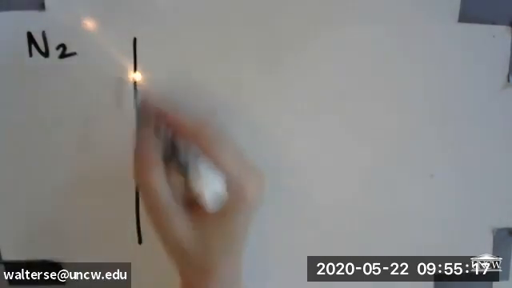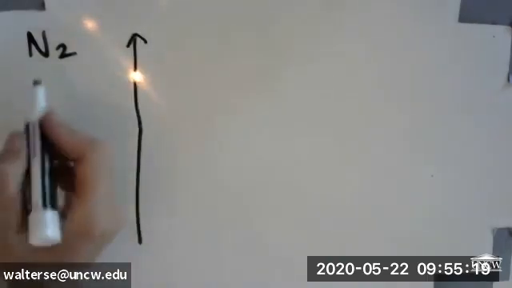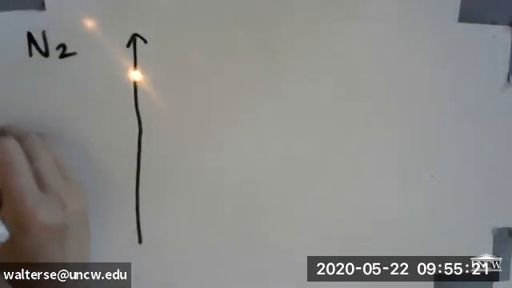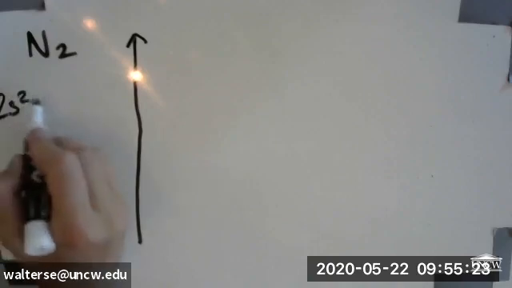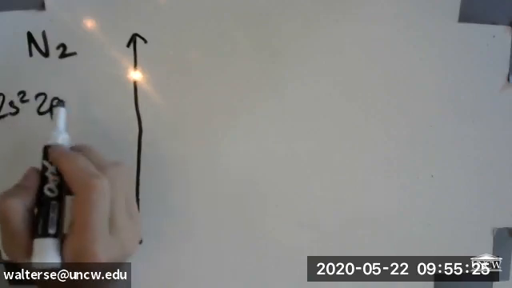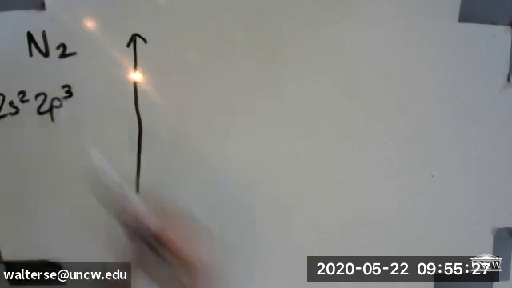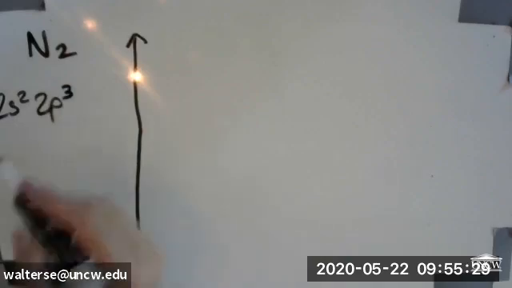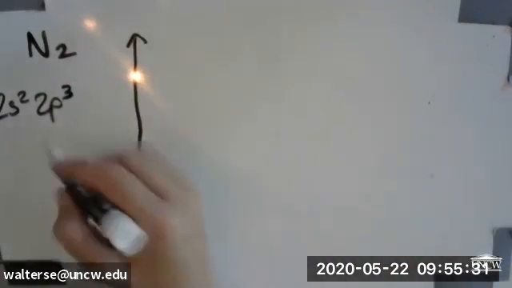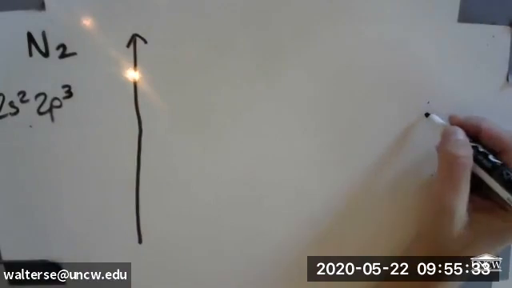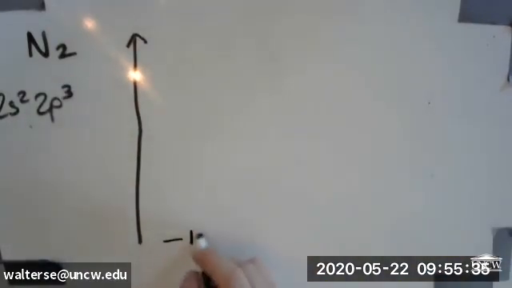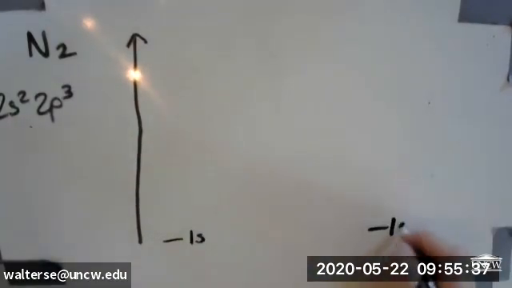Okay, so nitrogen. When you have N2, this is one nitrogen, and then you'd have another nitrogen. Down here, you would have the 1s from one nitrogen and the 1s from another nitrogen.